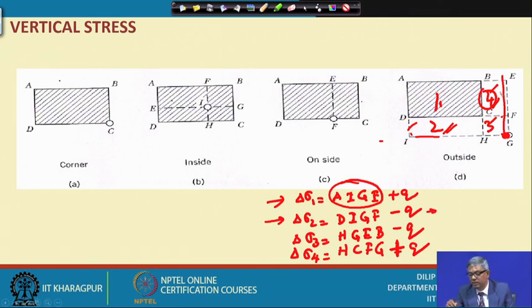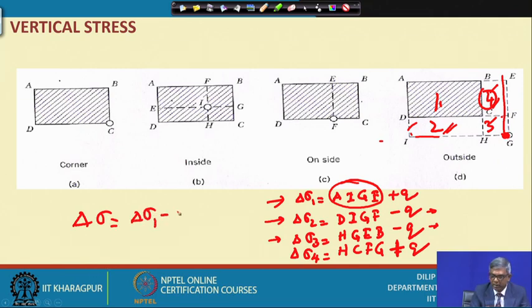Then again I will consider this rectangle, find A, B, M, N, apply the corner formula, and calculate delta sigma 3 with negative loading. At last I will consider this area, find A, B, M, N, and delta sigma with positive loading. Ultimately the final stress will be delta sigma 1 minus delta sigma 2 minus delta sigma 3 plus delta sigma 4.